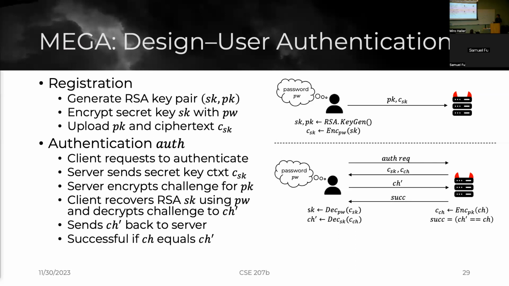This is intended so that the authentication succeeds if the decrypted challenge is actually the challenge that the server picked. It is intended to prove that the client actually recovered the secret key, that they know the same password that they knew beforehand, and that they're able to decrypt whatever the server sent to them.